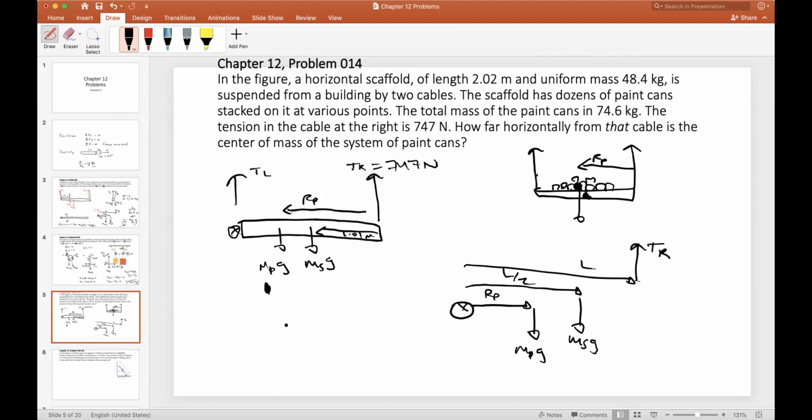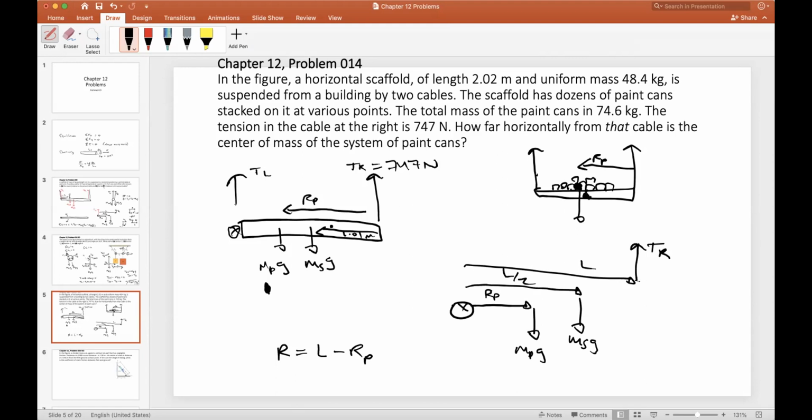I don't need to worry about the tension on the left. Here, though, is what I was talking about in problem 1. Once you find R, it actually wants the other distance. What they're asking you for is R of P from the right. So R will be L minus R of P. It'll be the distance from here to here. So you just have to flip it.